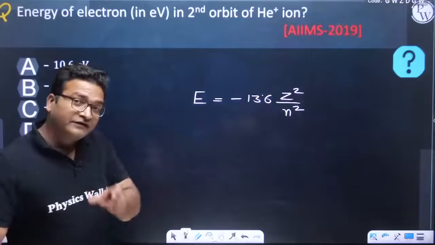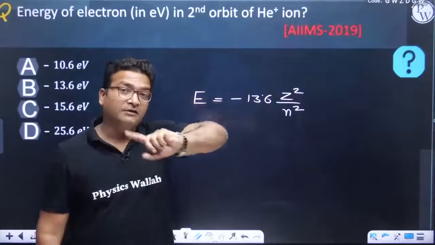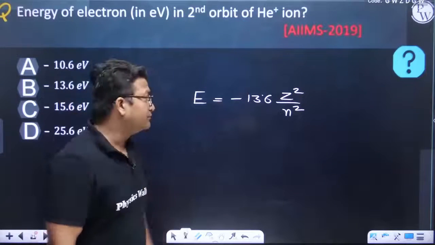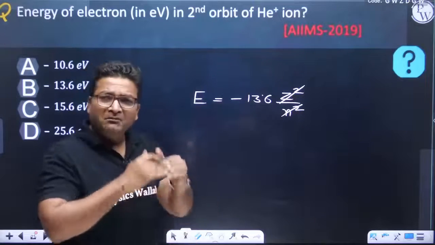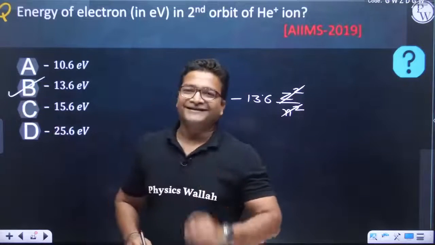Let us see what is Z, the atomic number. As we are talking about helium, the atomic number is 2, and as we are talking about second orbit, n is also 2. So 2 square by 2 square cancels out and energy is simply minus 13.6. So B is your correct choice.